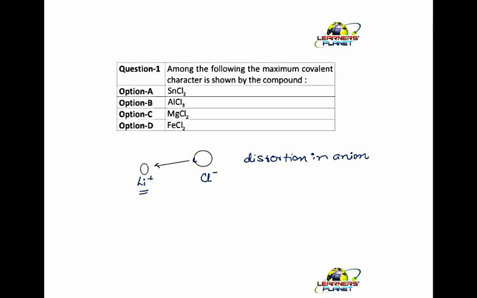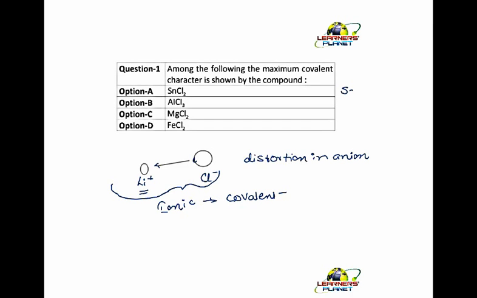It can't pull them completely, so this particular bond, which was ionic, becomes covalent. This is Fajan's rule in simple words. Now let's find out which of the following is ionic in nature. Let's take up the sizes.